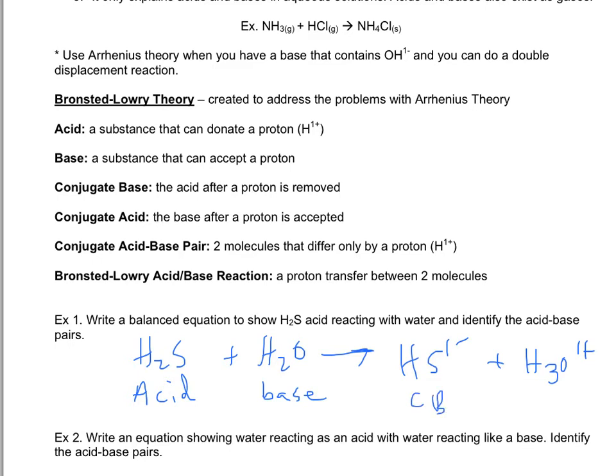We'll designate it the conjugate base by using the short form Cb. Now the conjugate acid is the base after the proton has been accepted. Remember, water was the base, so the H3O1+ is the conjugate acid, or designated Ca. If the reverse reaction happened, let's describe what would occur.